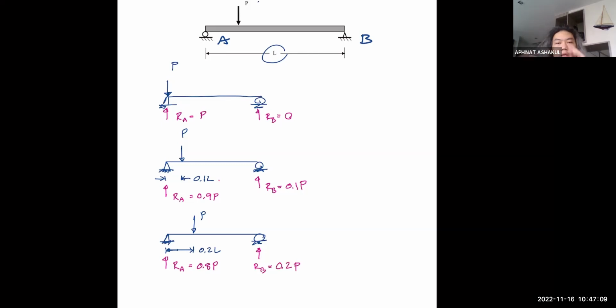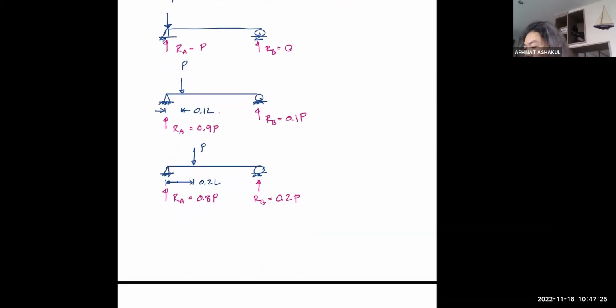You see the load P now begins to move further away from the support, and so RA continues to reduce in magnitude, while RB continues to increase in magnitude. And we can keep doing this.